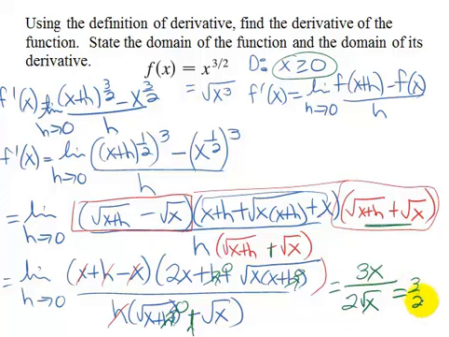That's going to become 3 halves, and this is x to the 2 halves minus x to the 1 half, so that I can just simplify those. So that's going to be x to the 1 half, which is the square root of x. So here is our derivative function, 3 halves square root of x, and our domain for our derivative function is also x must be greater than or equal to 0.